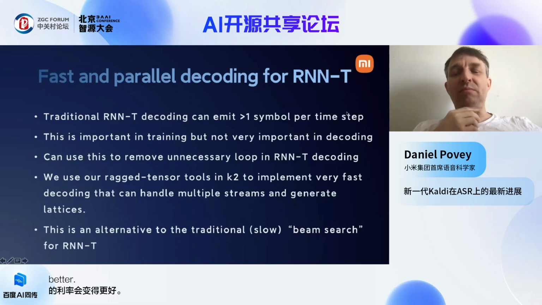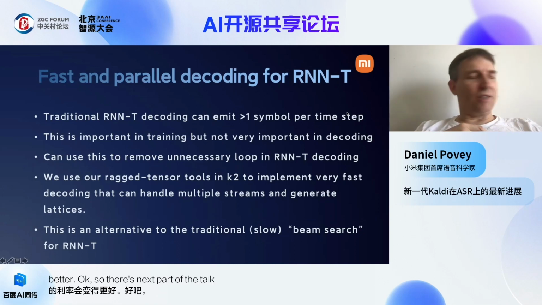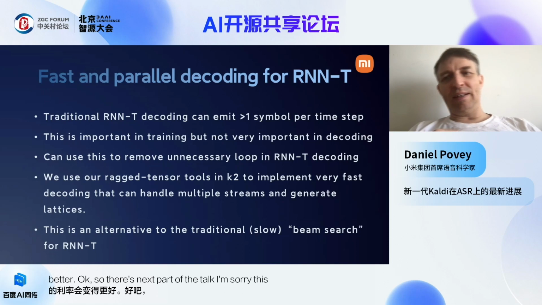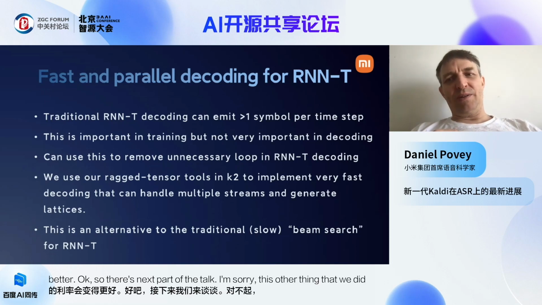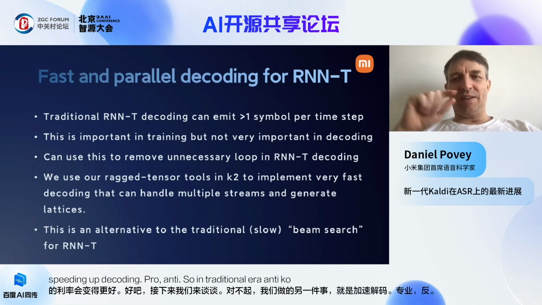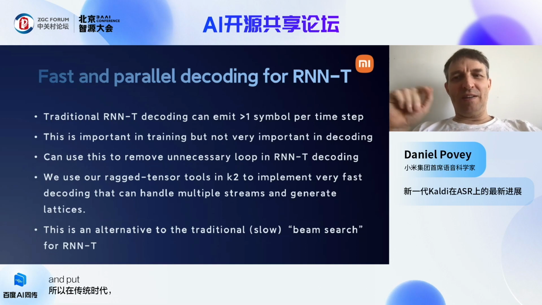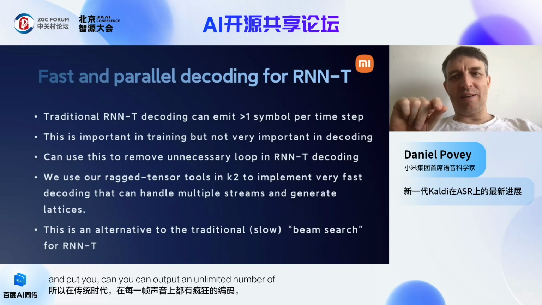Okay. So this next part of the talk, this other thing that we did, is about speeding up decoding for RNN-T. So in traditional RNN-T decoding, on each frame of the acoustic input, you can output an unlimited number of symbols.